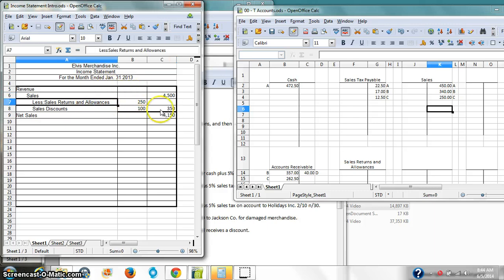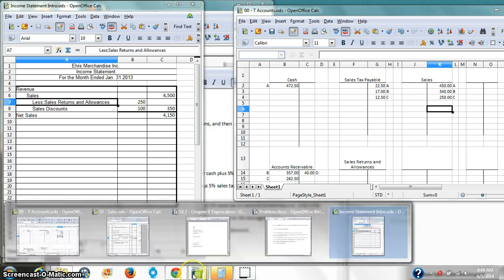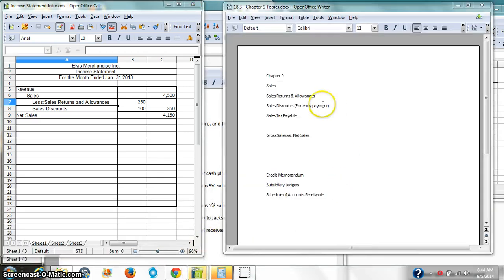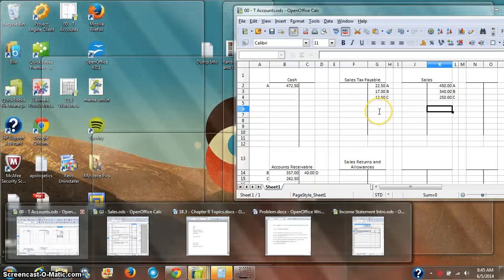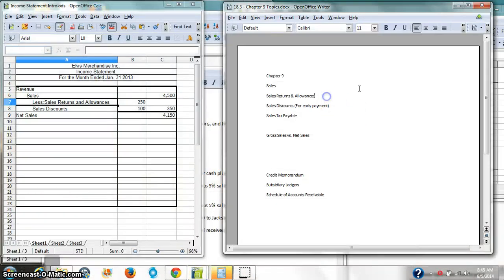This sales returns and allowances is a type of account that we haven't really seen before. It's what's called a contra revenue account.